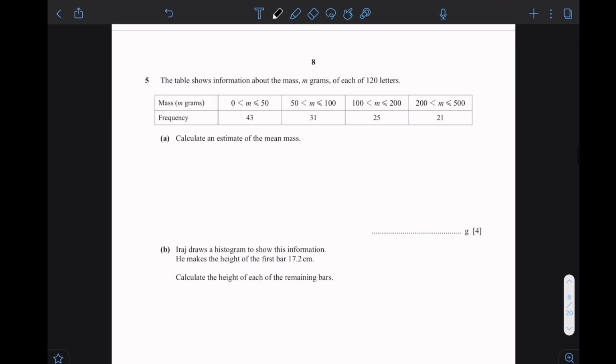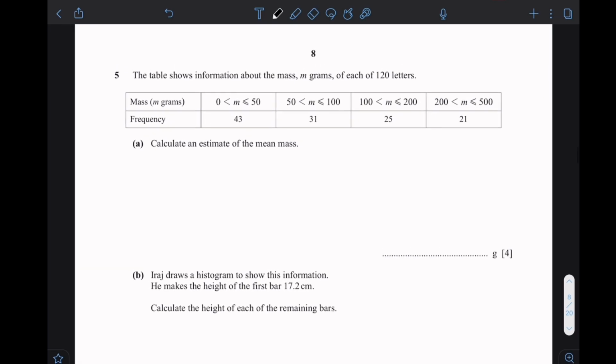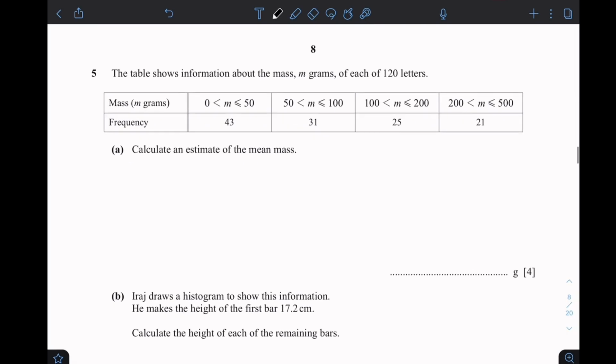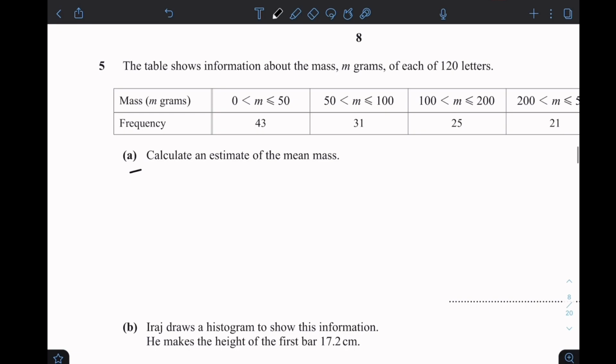now the table shows information about the mass in grams for each of the 120 letters. Calculate an estimate of the mean mass. So the mean mass is given by summation of fx divided by summation of f. Okay, so this is the formula.